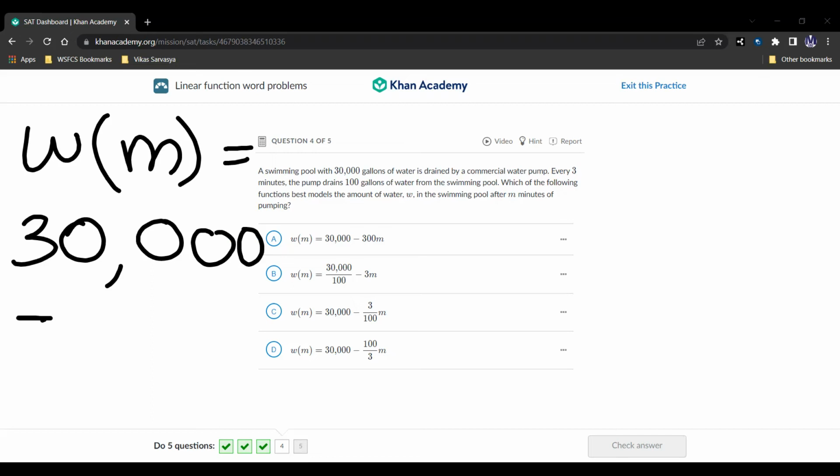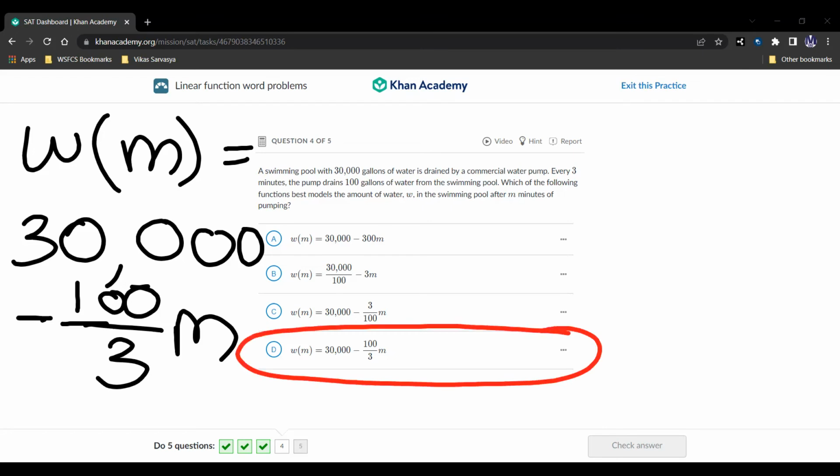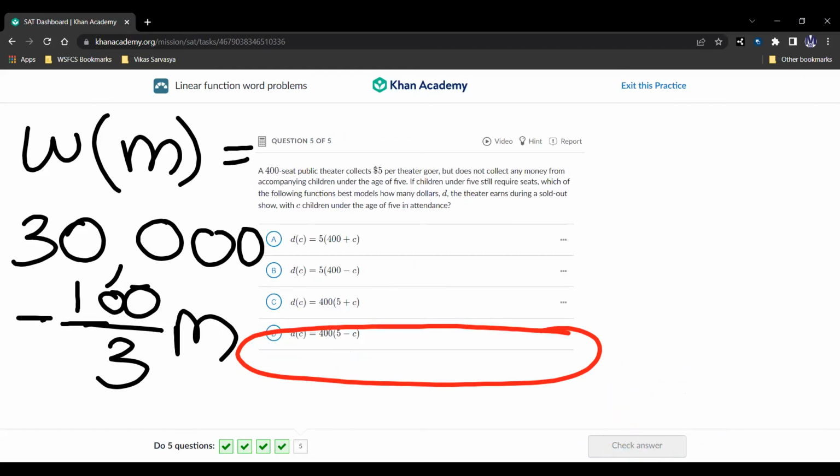So in 1 minute, you lose 100 over 3 gallons every minute. And then multiply that by the number of minutes. So then our answer is going to be 30,000 minus 100 over 3 times n. And this corresponds to answer choice D right here. And we are done. Let's move on to the last question of this series.